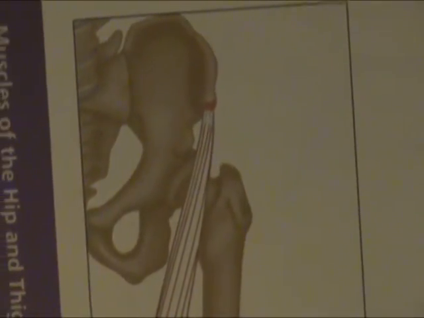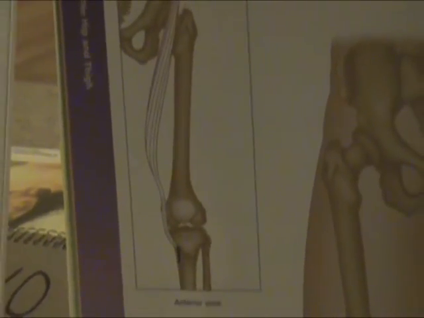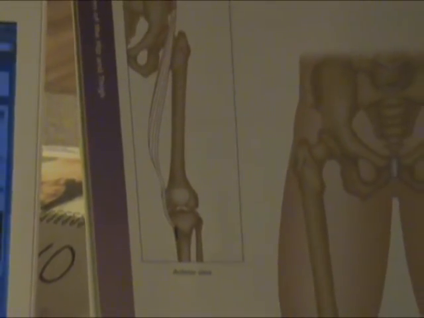And the insertion is the medial surface of the tibia. The joints associated with the sartorius are the knee and the hip. And the action is for flexing the knee, flexing the thigh, and rotating laterally.